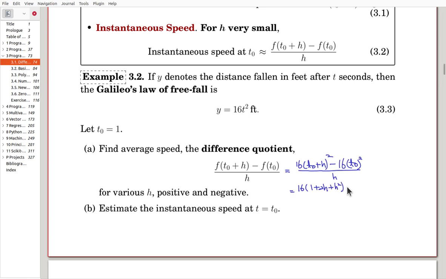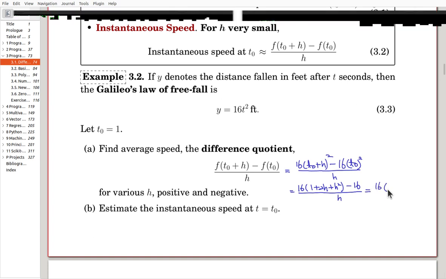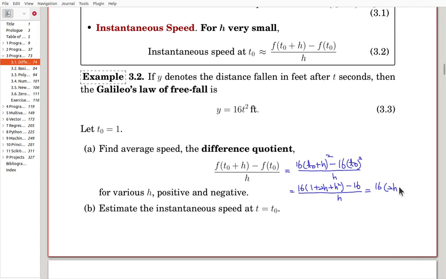And then minus 16, over h. So this 16 will be canceled out, and the numerator will become 16 times 2h plus h squared, divided by h.